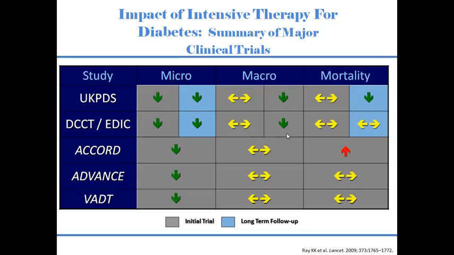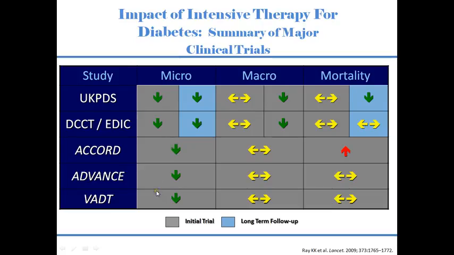So what is the impact of intensive therapy for diabetes? Several trials have been done worldwide. The major trials are UKPDS, DCCT, ACCORD and ADVANCE. They are mentioned in your books, you can go through them. The main thing we have come to know is that by intensifying therapy, there is a very good effect on the microvascular complications.